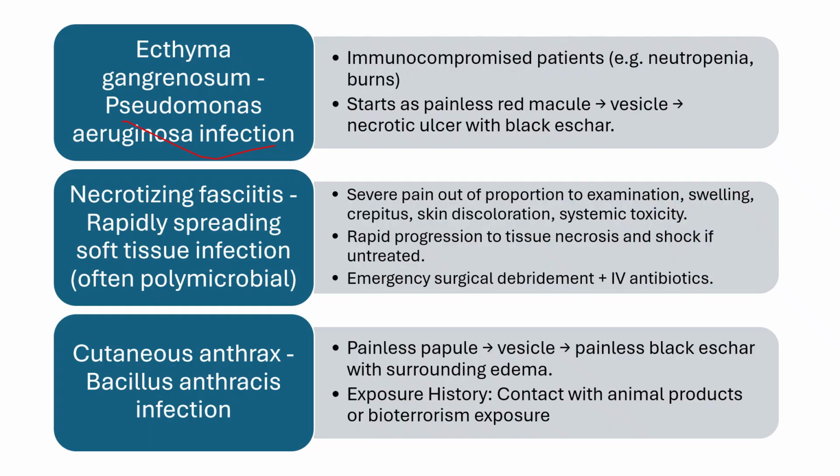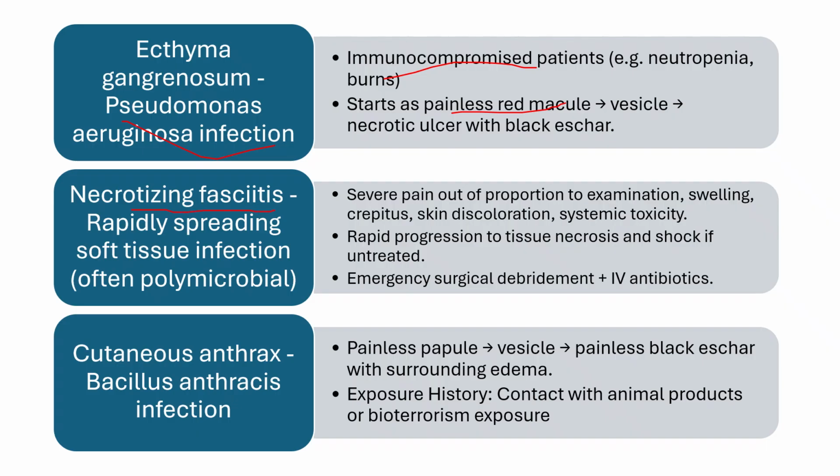Ecthyma is usually seen in immunocompromised patients, like neutropenic patients and burns patients, because one of the most common culprits that causes infection over a burn area is Pseudomonas, right? It starts as a painless red macule, then a vesicle, then a necrotic ulcer with a black eschar. Just remember that it's infective, caused by Pseudomonas in burns or neutropenic patients.